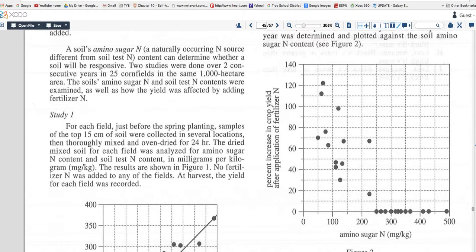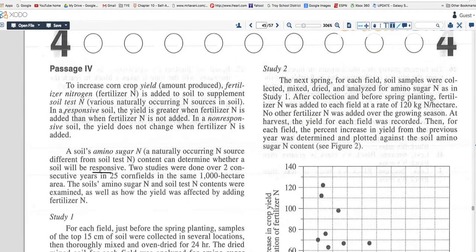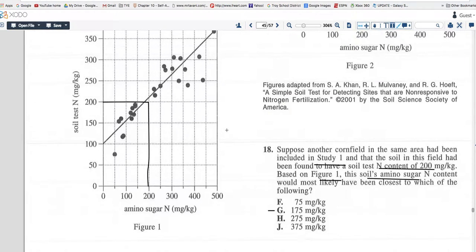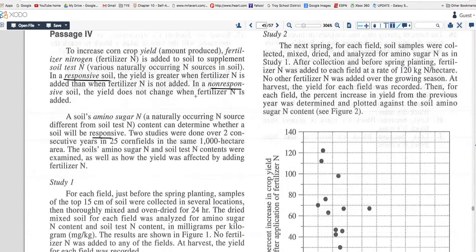Good. Responsive. I'm in the wrong paragraph right there. Responsive soil, and then where's non-responsive again? Right here. Non-responsive. Those two places define the two variables we need. And then non-responsive clearly says the yield does not change.